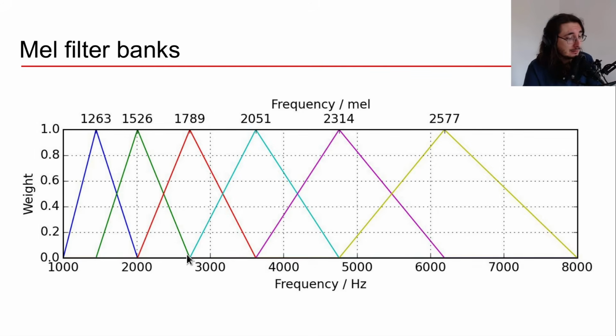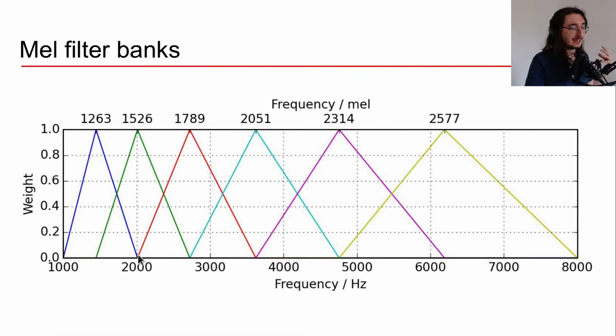Okay, and now what we do is trace a line between the lower and the higher end, and we connect that with the center frequency where the weight is equal to 1. If we do that, we build a triangular filter like this.